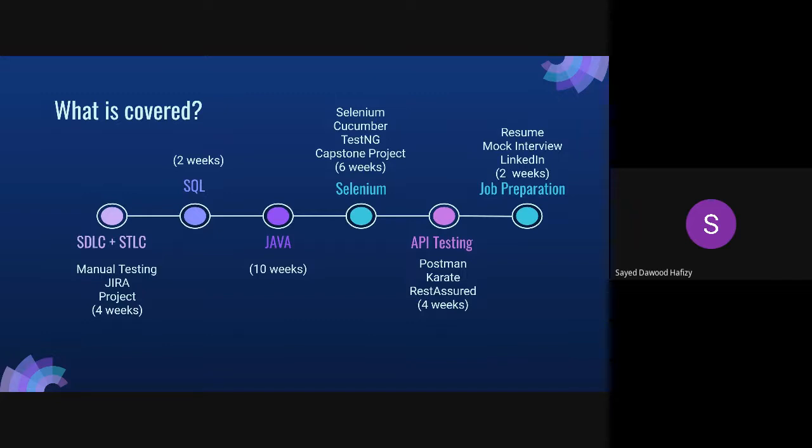We will cover Jira, which is a task management tool. At the end of this course, we will have a real-time project. It's going to be on a real web application. So that's for manual testing. We will also cover SDLC and STLC, which stands for Software Development Lifecycle and Software Testing Lifecycle.